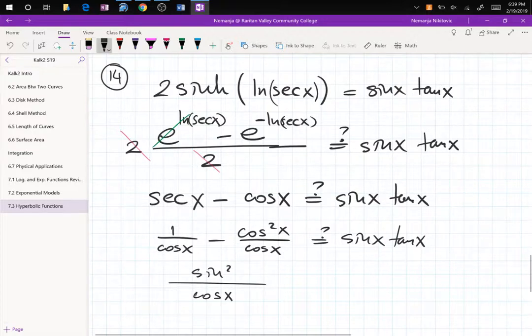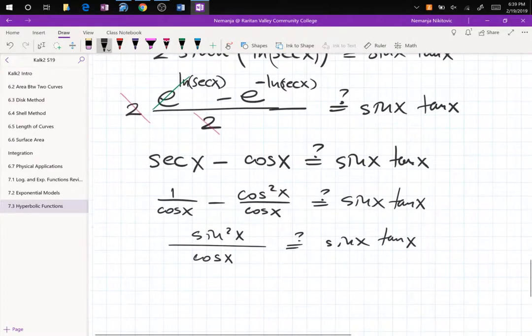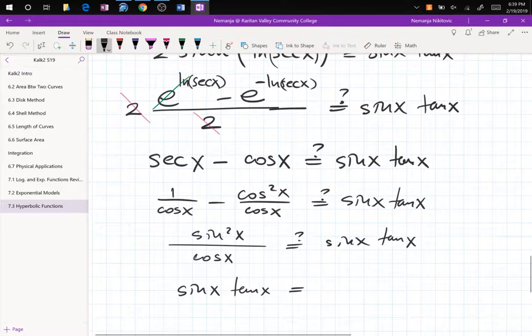Very good. And then sine times sine, leave one sine aside. The second sine is sine over cosine, which is tangent. And there it is. This is what we call mathematical gymnastics.